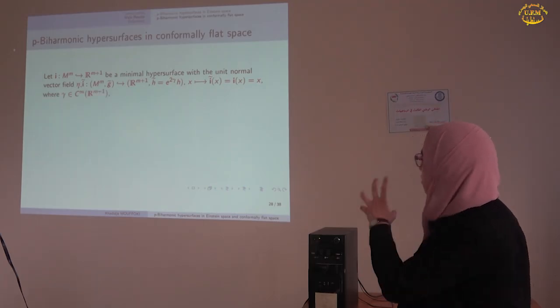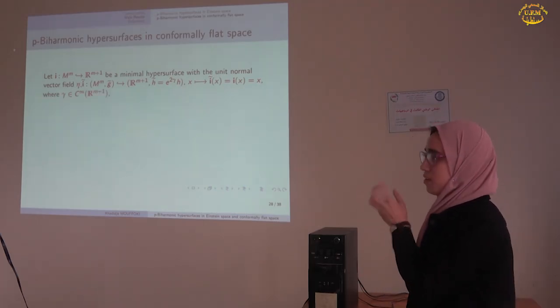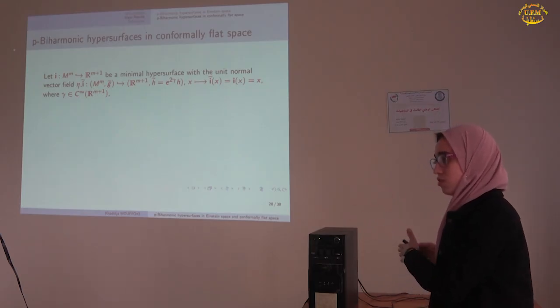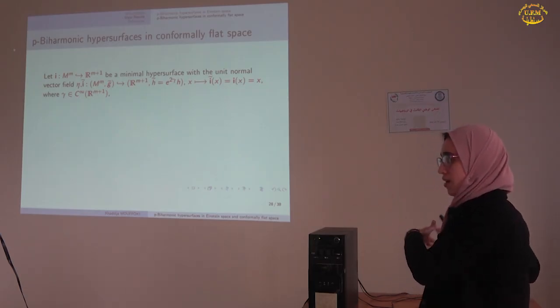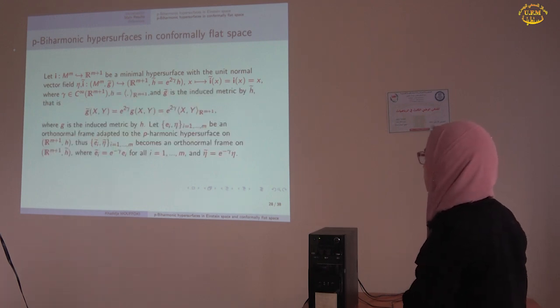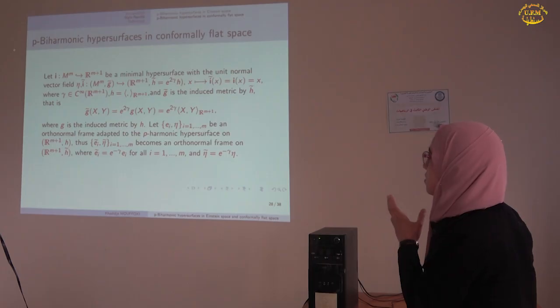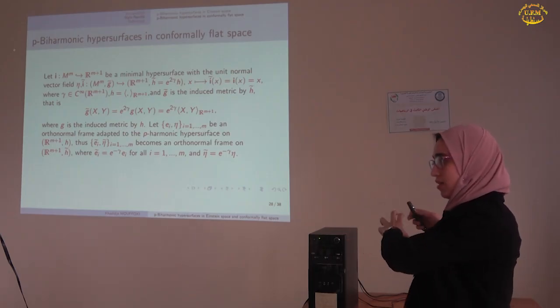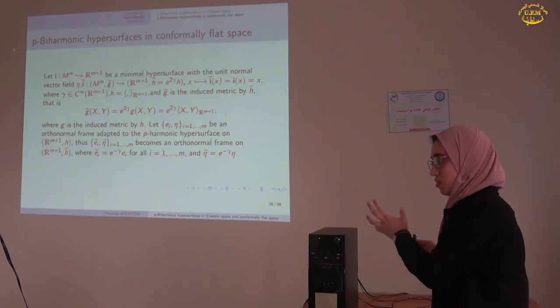Here we deform the metric. When we deform the metric, the connection and the tensors are all deformed. Conformally flat space is a space with the new metric.